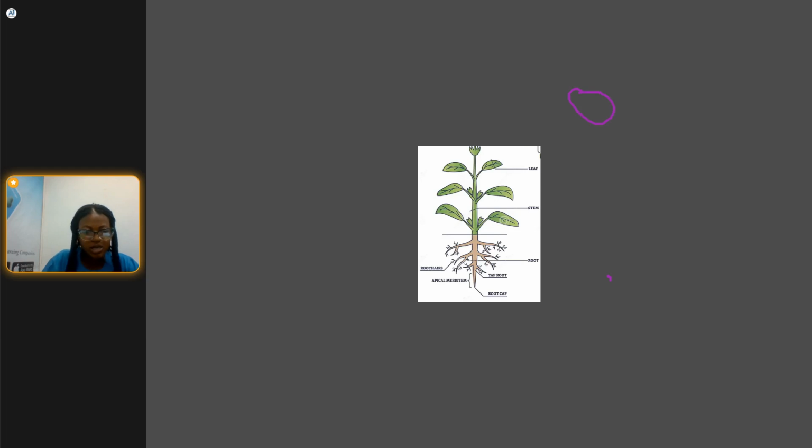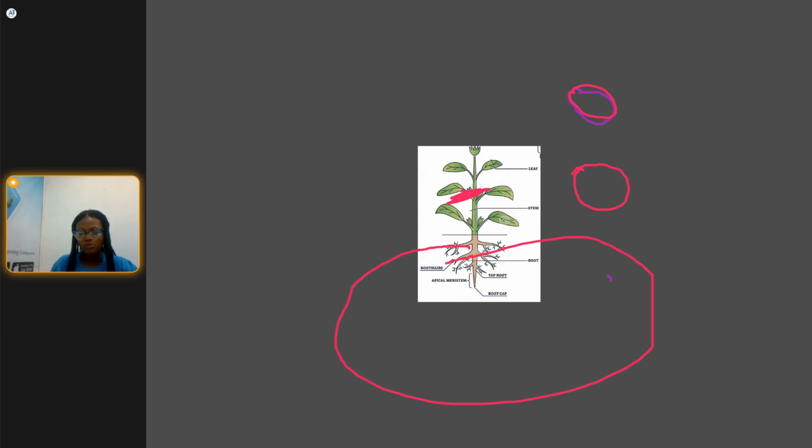Here you have the leaf, you have the stem. You can see your stem at the middle. It's the one at the middle holding the plant. So this is the stem, and then you have the roots. All these parts are your roots. Every part here, don't forget, is deep down inside the ground.